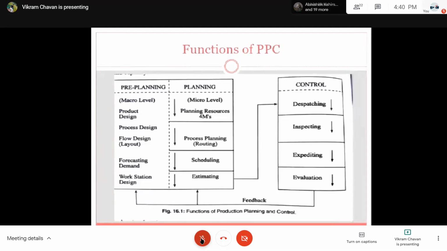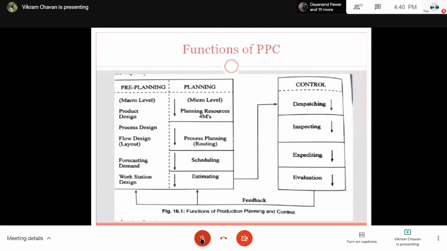First one is pre-planning, second one is planning, and third one is control. So these will be the functional categories of PPC: pre-planning, planning, and control.